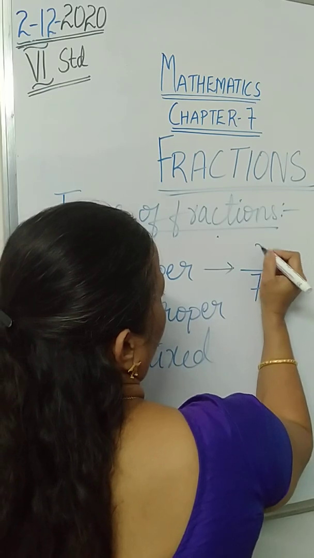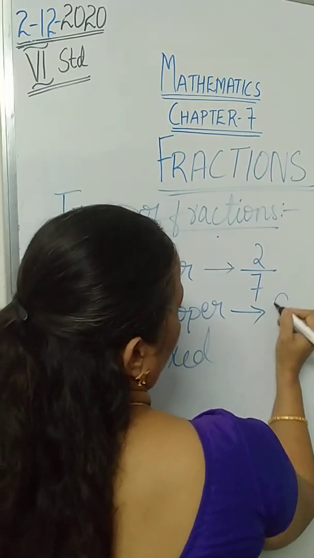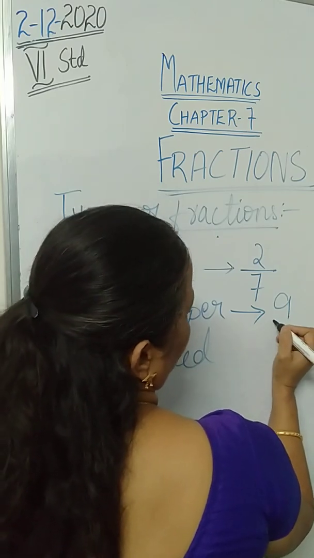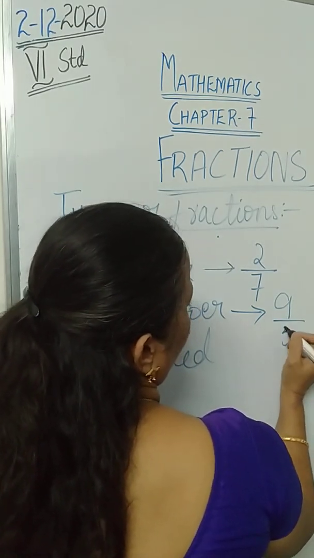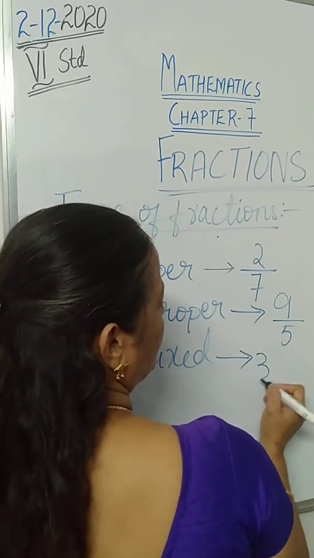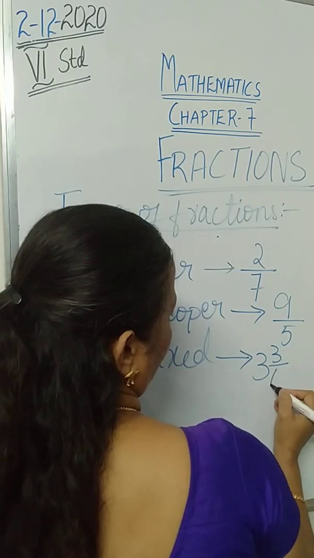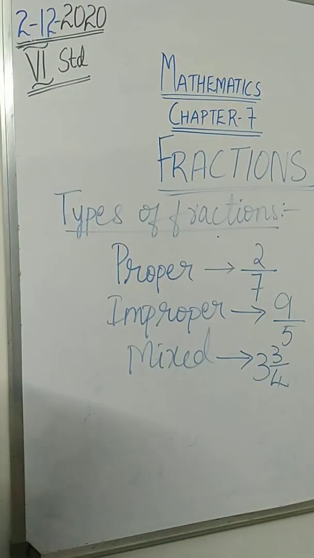So, this is a proper fraction. Here improper fraction has got the denominator lesser than the numerator. Mixed fraction has got a whole number and a proper fraction with that. So, that is called a mixed fraction. These are the three types of fractions.